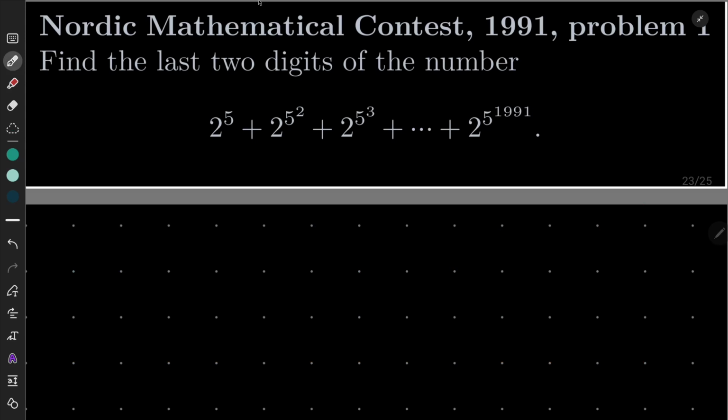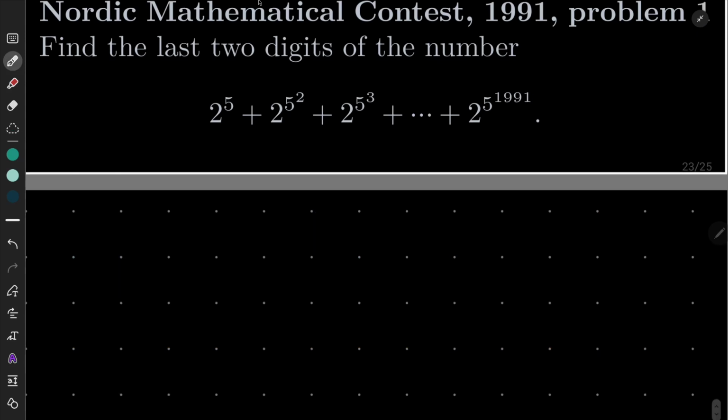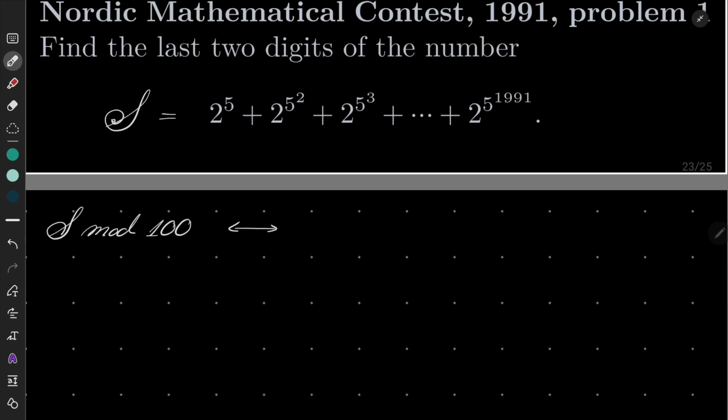Okay, so I hope that you tried your best. So first of all, by the Chinese remainder theorem, let's say that this sum is S. Finding S modulo 100 is equivalent to finding it modulo 4 and modulo 25.